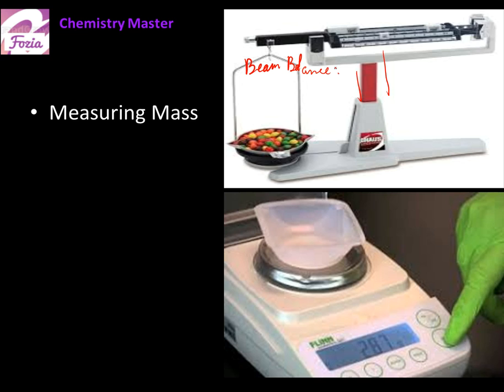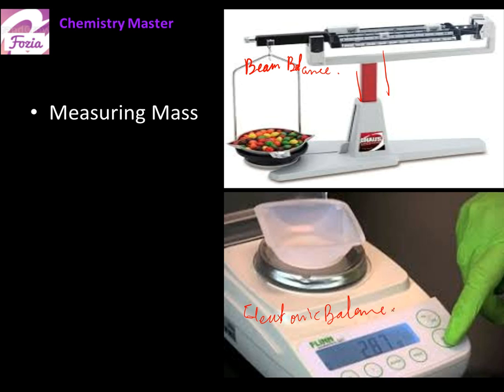Okay, so it measured mass successfully, but these days we need to measure very small quantities of mass, so that's why we have made this electronic balance, this one which runs on electricity. So that's why it is called an electronic balance.